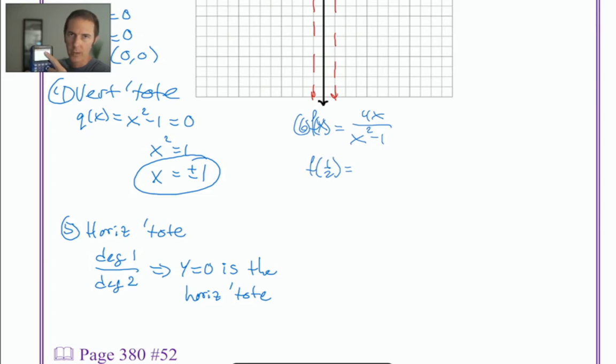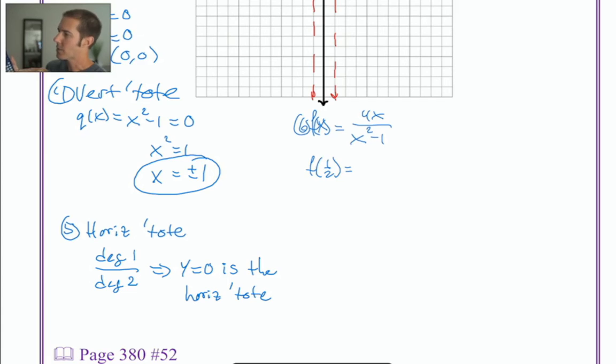So now, in order to get that 0.5 to process through the original expression that I typed in that's still at the top of my screen, I'm going to hit second. There's a little second button up here. And I'm going to hit enter in the bottom right corner. This is a TI-84, by the way. So an 85 or an 87 maybe functions differently. I think you can just scroll up through your previous entries. Now I'm going to hit second enter again, and it has recalled the expression that I entered, 4x divided by x squared minus 1.